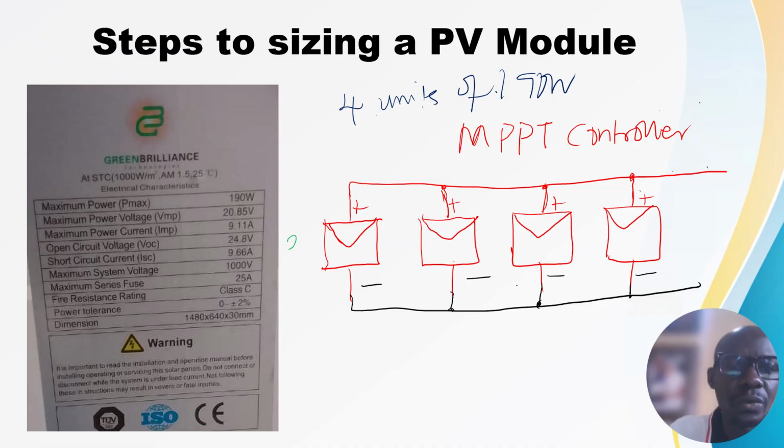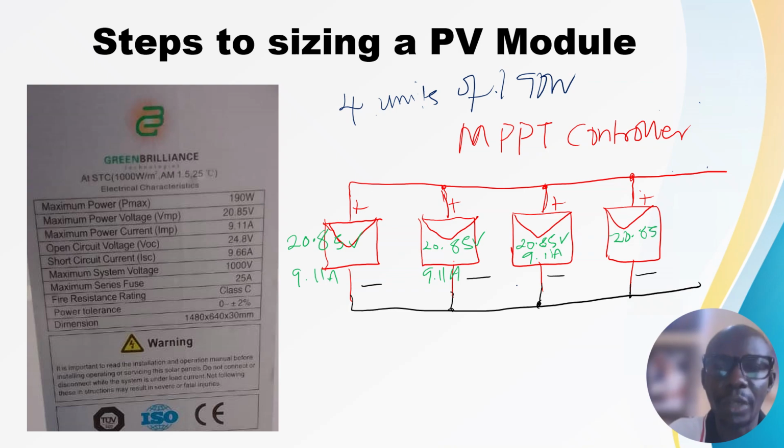Each panel is 20.85 volts and 9.11 amps. Each panel: 20.85 volts, 9.11 amps.